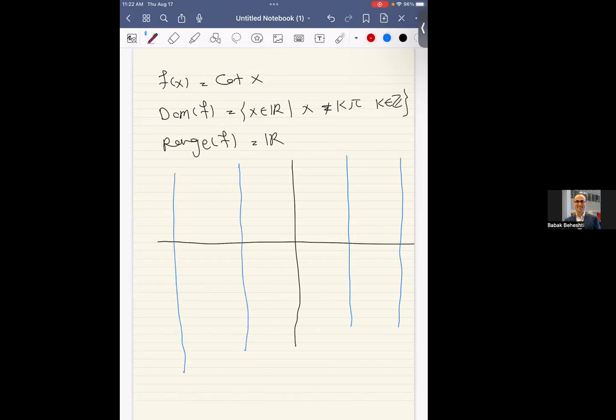But cotangent goes like this. Cotangent of pi half is 0.